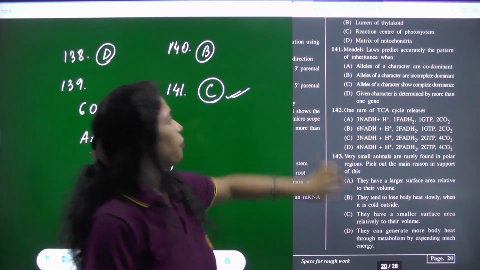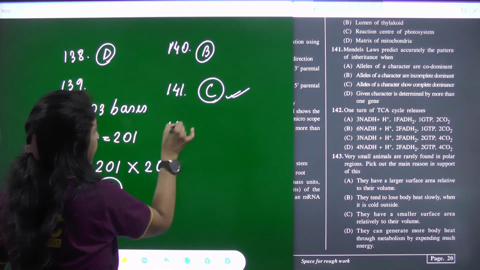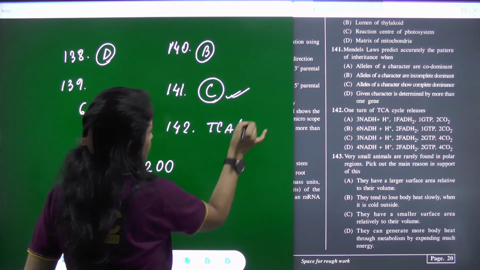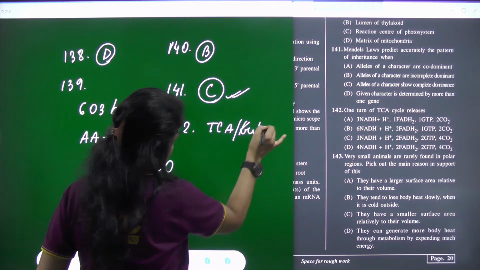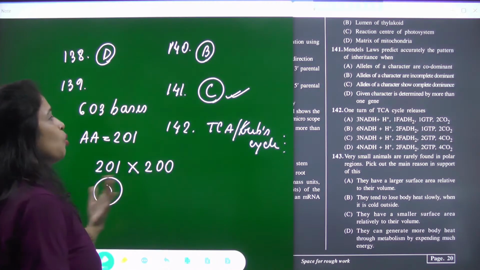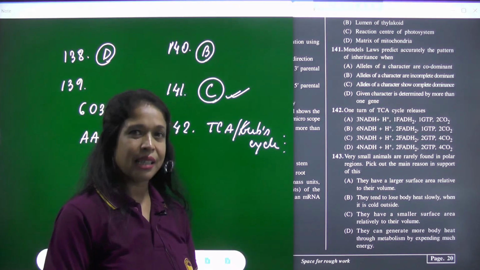Next आइए 142, one turn of tricarboxylic acid cycle. This is Krebs cycle. So what are the outputs of one turn of tricarboxylic acid cycle?